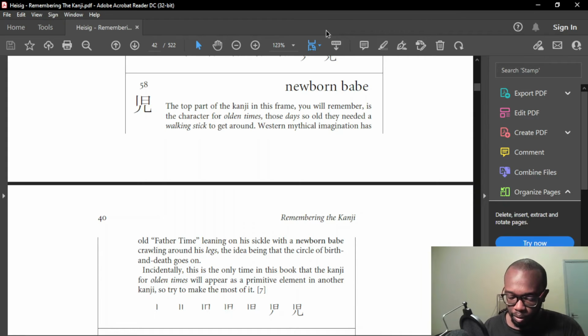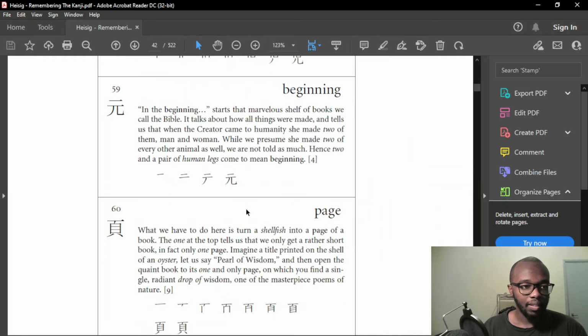Once he gets his new pair of legs, he gets reborn, like transformed again, but he has the energy of a newborn baby. That's how I'll try to remember this. Pair of legs, and he's transformed and has the energy of a newborn baby. Born baby. Beginning.